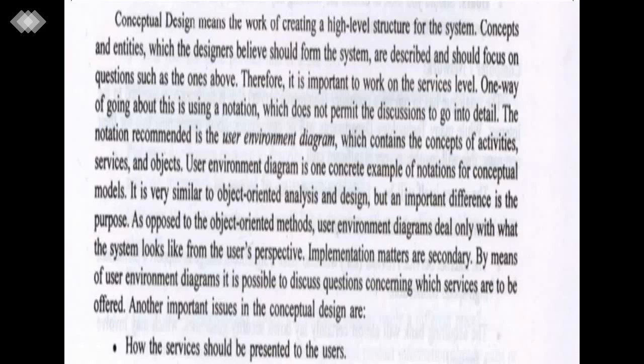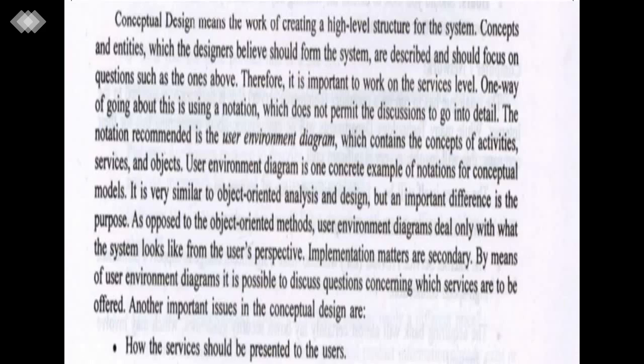As opposed to object-oriented models, the user environment diagram deals only with what the system looks like from the user's perspective. Implementation matters are secondary. By means of the user environment diagram, it is possible to discuss questions concerning which services are to be offered.